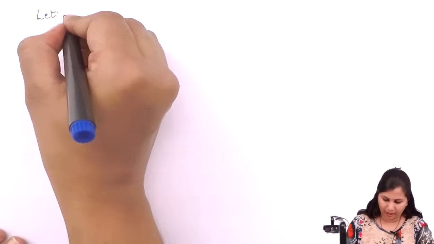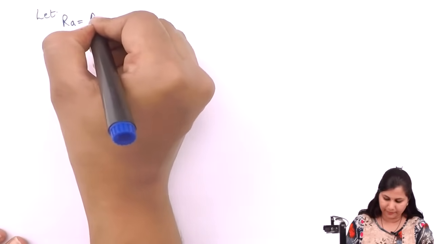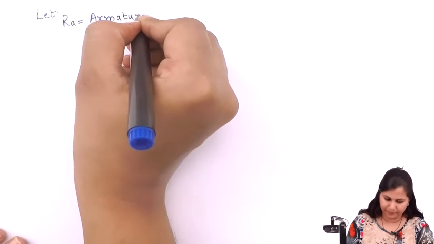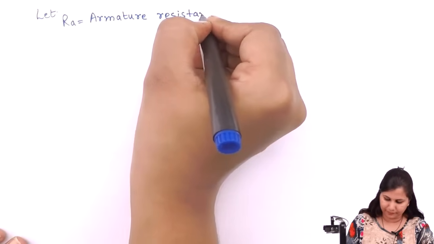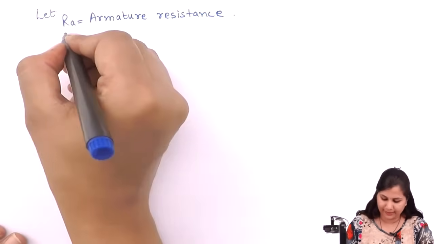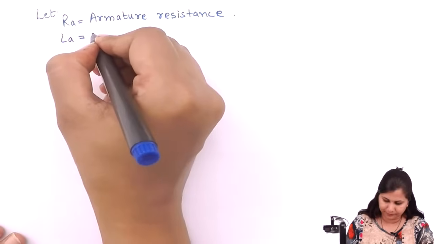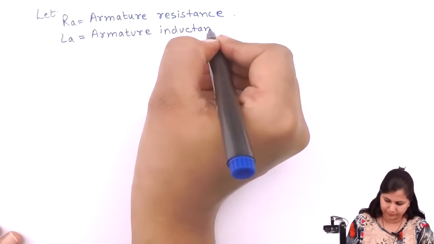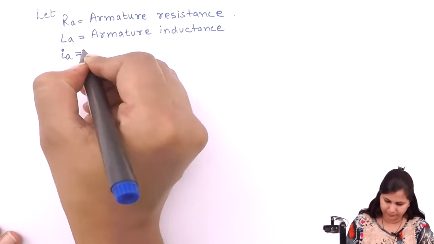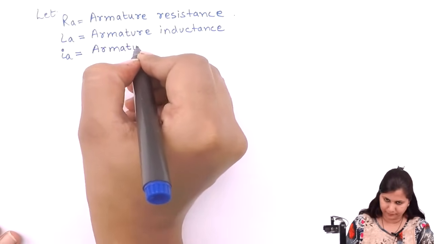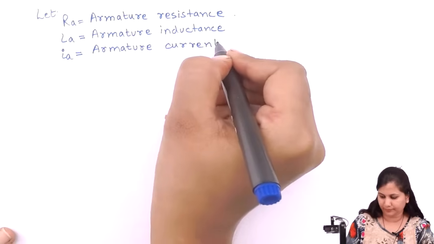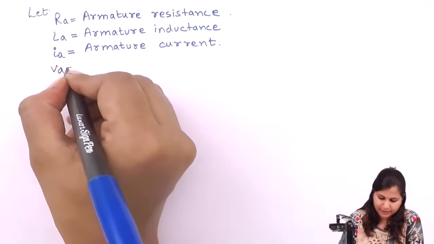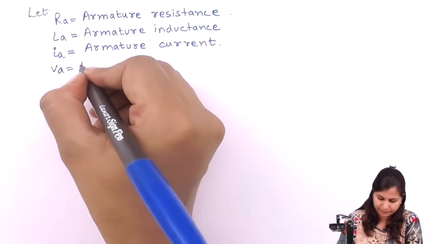Let RA be the armature resistance. VA is the armature voltage.